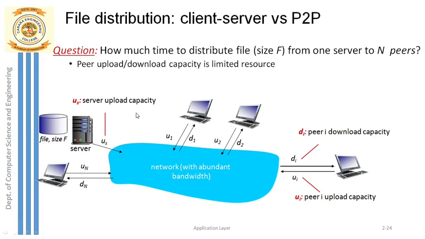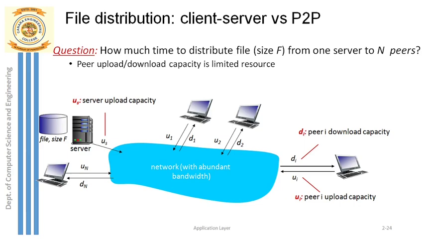So what are the different parameters we have to consider for calculating the distribution time? First is the uploading rate. The server should have a certain rate, a certain capacity to upload the data. What do I mean by capacity or rate? The server has to upload 1 GB of data, right? But a server cannot upload the complete 1 GB file at once, so it has to send part by part.